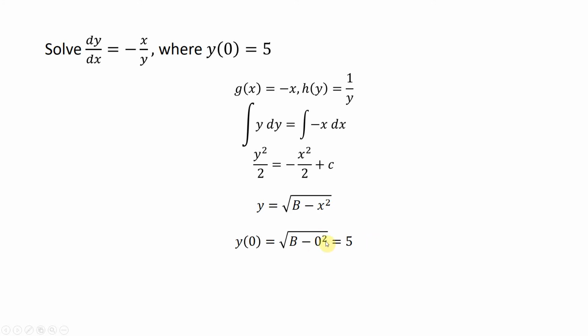Now obviously 0 squared is 0, the square root of that is also 0, so what we've got is root b has to equal 5 to satisfy this initial condition. So if the square root of b is 5, b must be 25. So we now substitute what we found as the value for b back into the general solution, like that, and that is the solution that satisfies the particular initial conditions specified in the question.